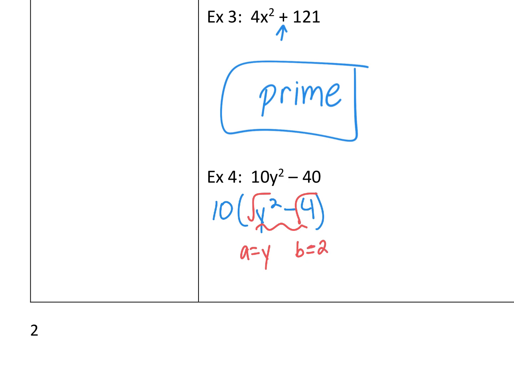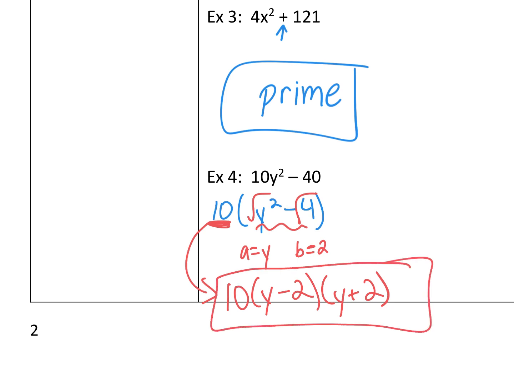So this becomes y minus 2, y plus 2, but do not forget, if you take a GCF out, it's coming to the party. So make sure you drop it down to the final answer. That GCF always makes it to the final answer. That's one thing that a lot of people mess up on these, is that they just forget to bring that GCF to the party. So make sure you don't forget about it.